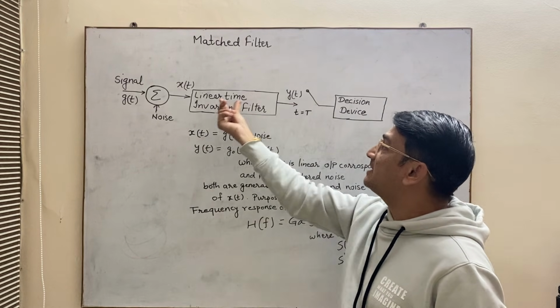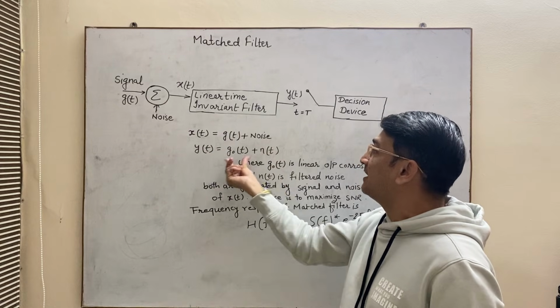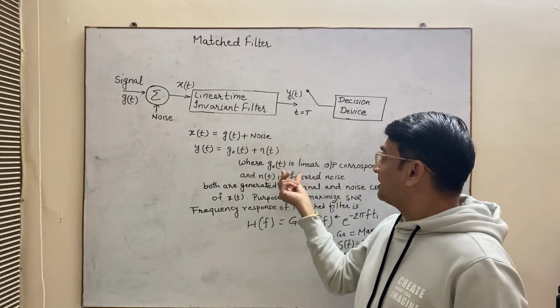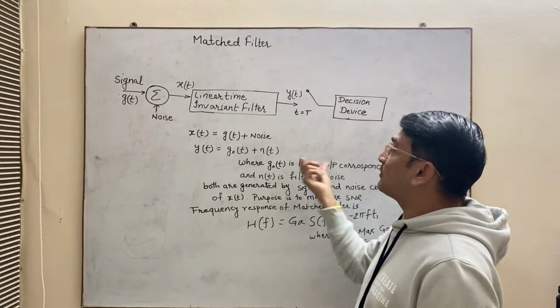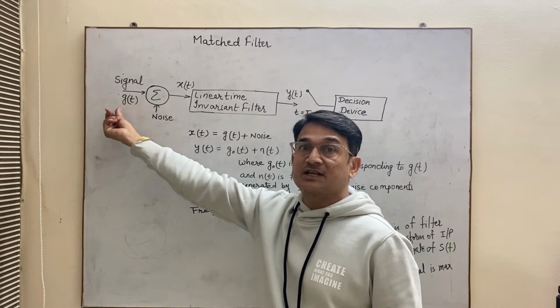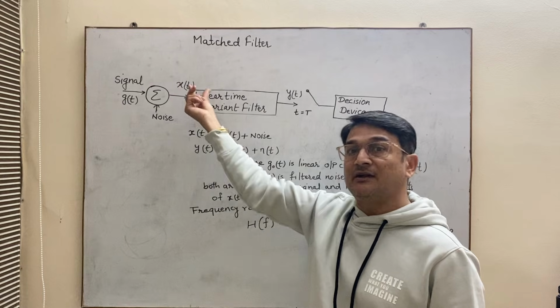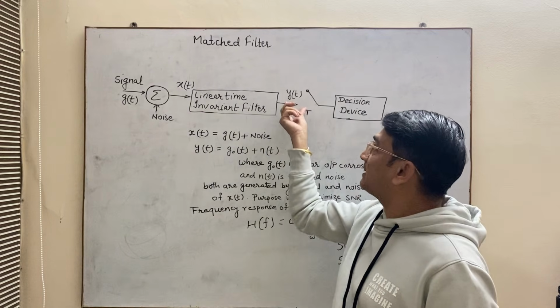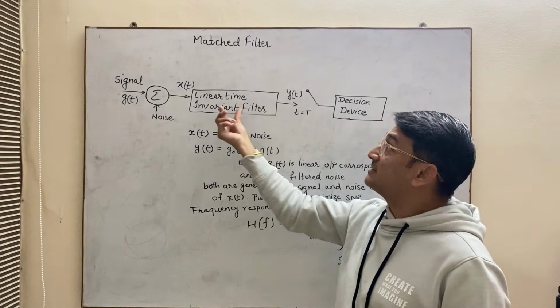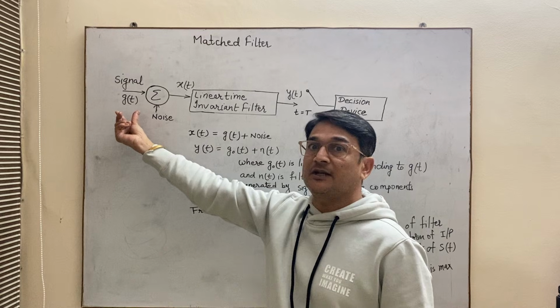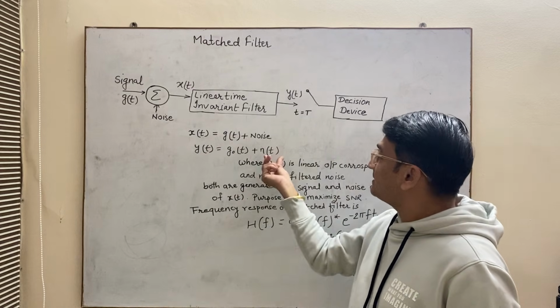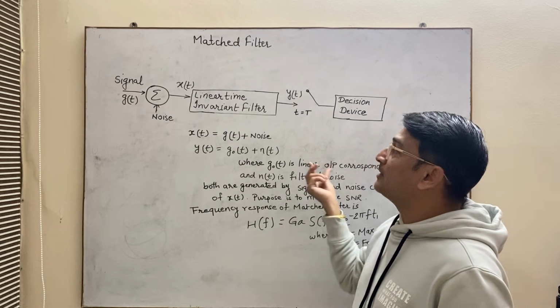That means this y(t) is basically g0(t) plus n(t), where g0(t) and n(t) are what? g0(t) is the linear output corresponding to g(t). So the signal g(t), which is fed to this linear time invariant filter, gives some output g0(t). So we are considering the output g0(t), which is linear with respect to this input g(t). And then n(t) is the filtered noise.